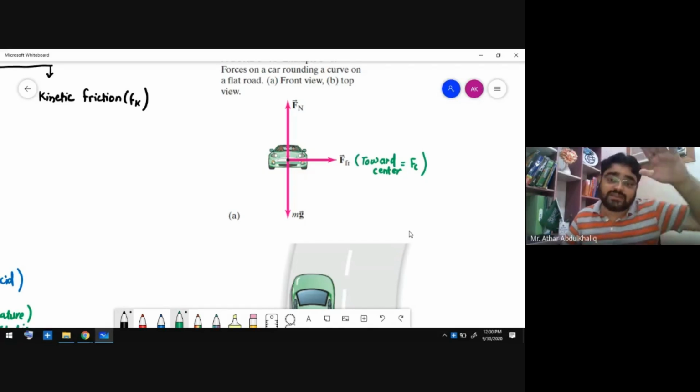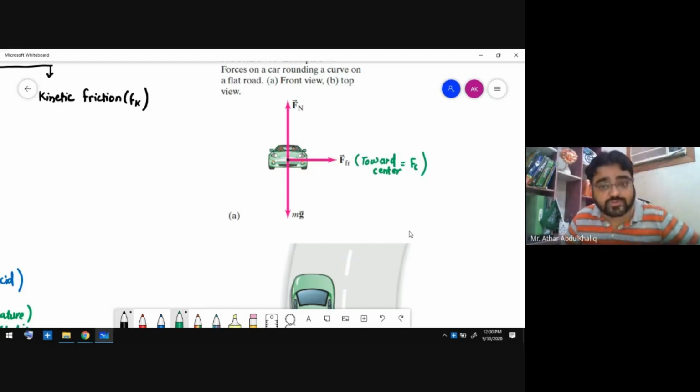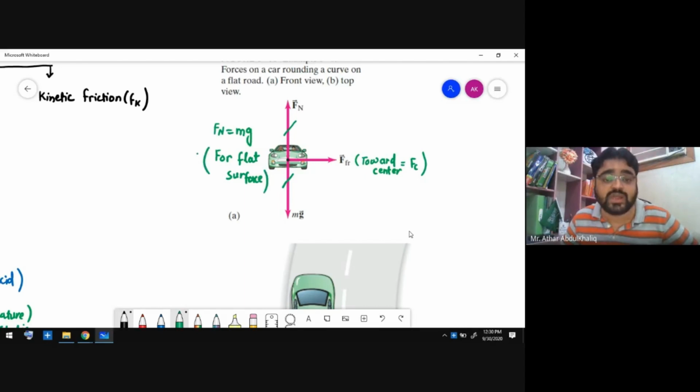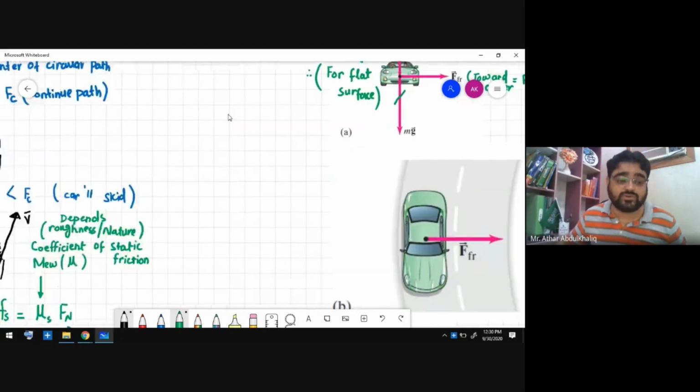The car is neither moving upward nor downward, so these two forces are equal and opposite. So Fn is equal to mg for a flat road. If the road is flat, it's not up and down, so you will put the normal force Fn equal to mg. Otherwise we will change it, but for now you have to remember Fn is equal to mg.